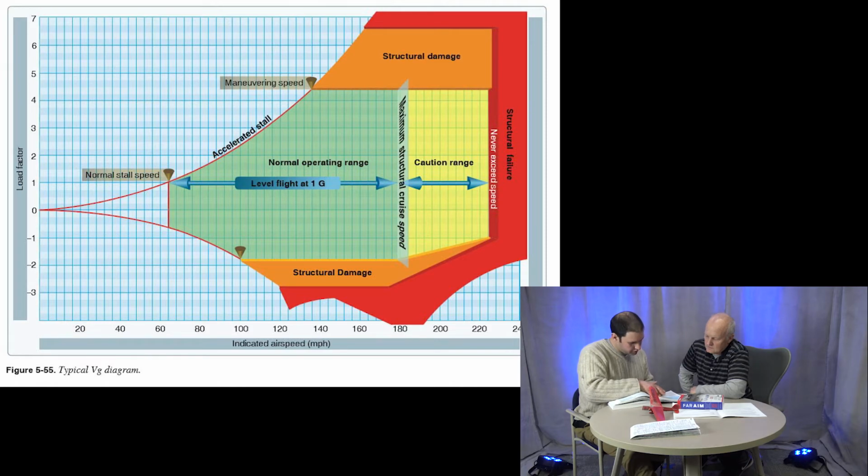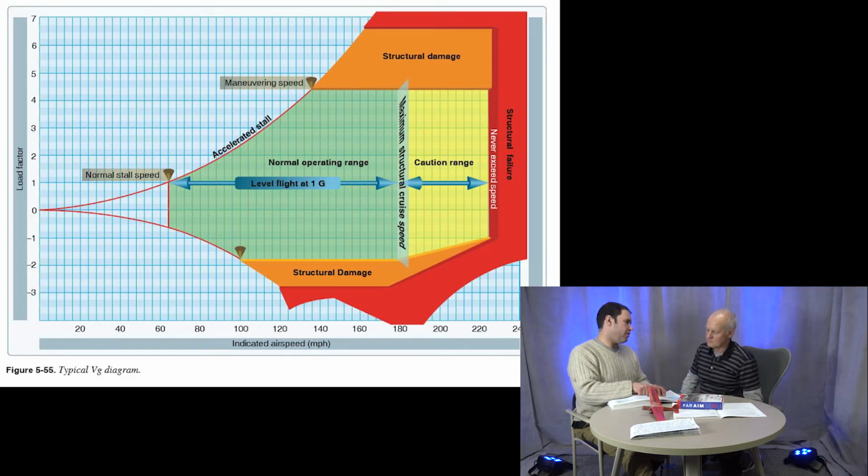In this example, it looks like they're showing about 4.5 Gs as the limit load. So that would be more like a utility airplane, and in fact, the Chief is designed in the utility category. So this would be very much like what you'd see for the Chief. So 4.5 Gs at the top there, or just under about 1.7 Gs on the bottom there on this graph.